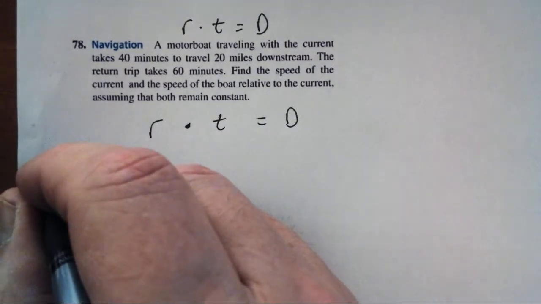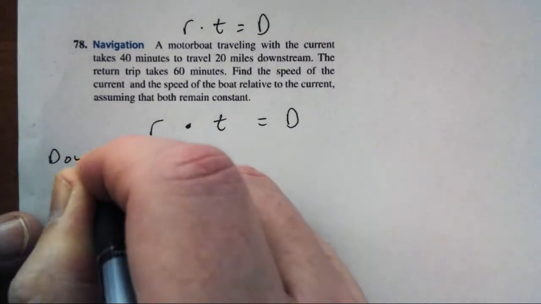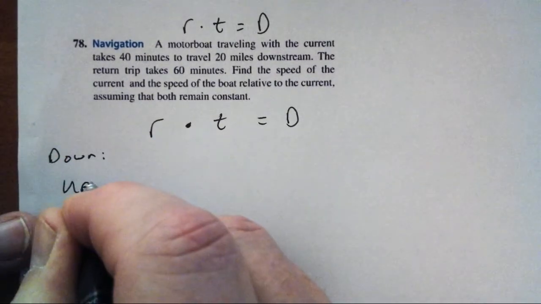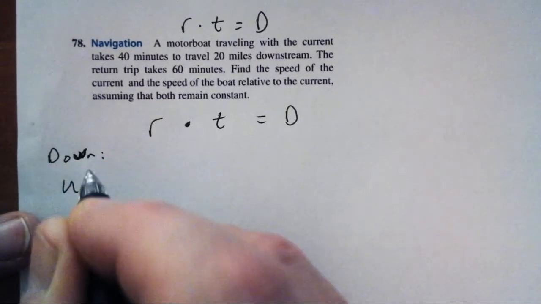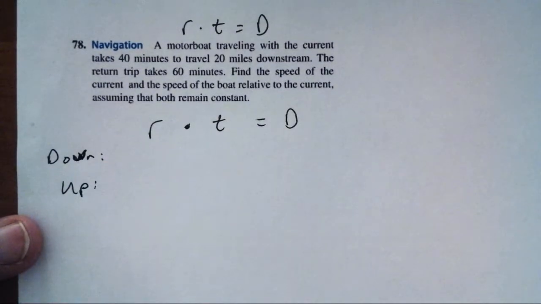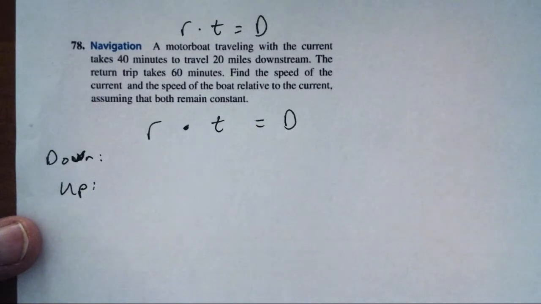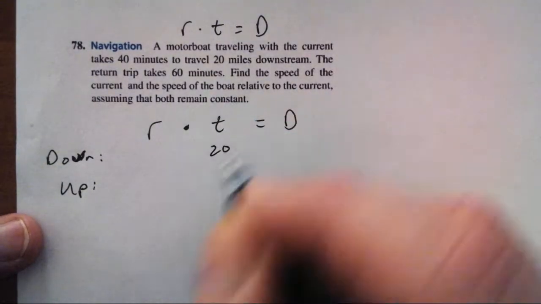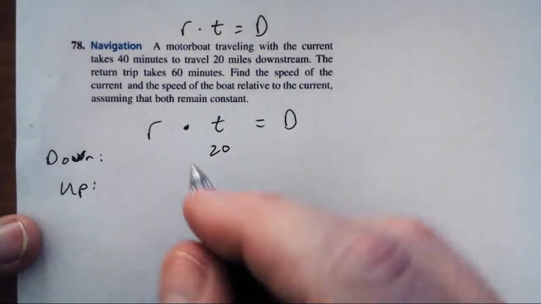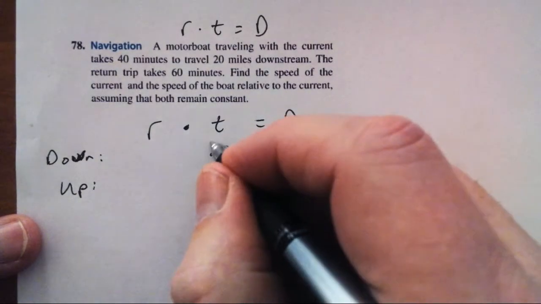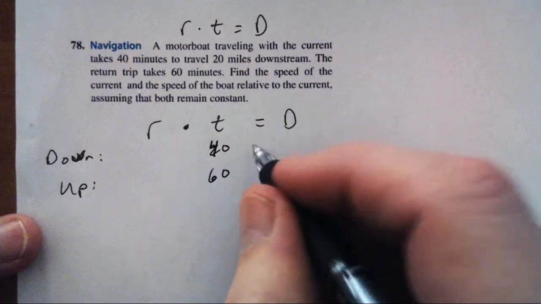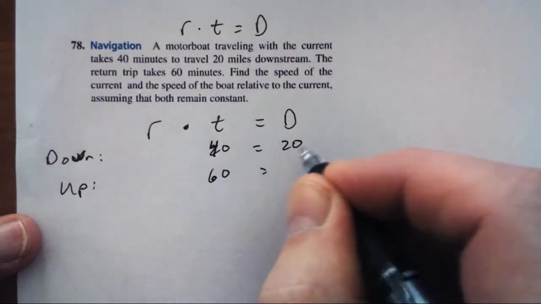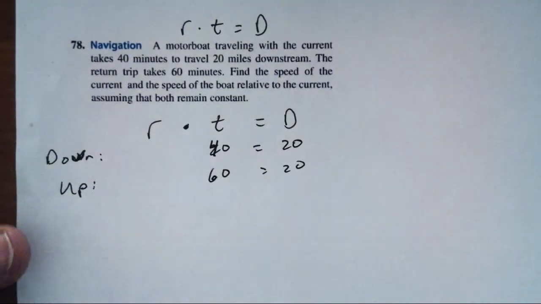So I'm going to have a downstream part of the chart and an upstream part of the chart. So my time going downstream is 40, my time going upstream is 60, the distance is 20 both ways, but my rates are going to change.